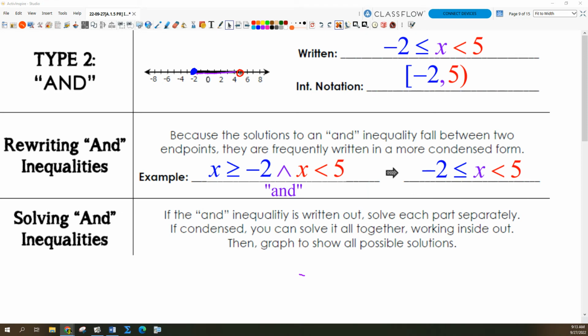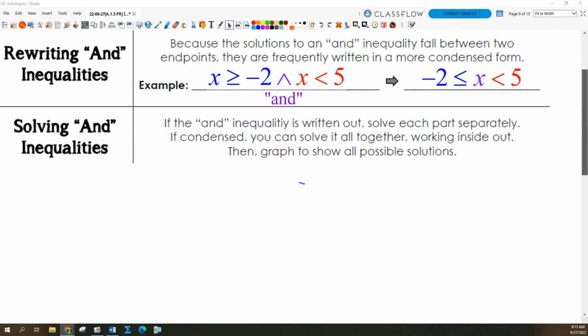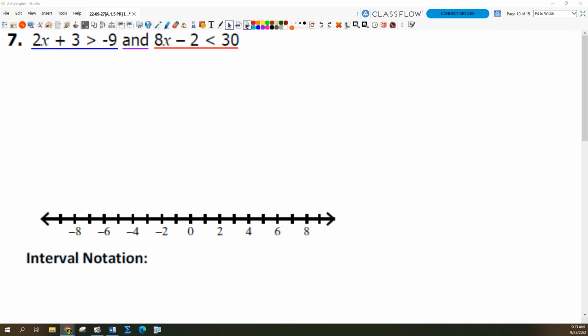Less confusing, too, because when you write a 3-part and inequality, it looks just like the graph, doesn't it? The x goes in the middle. The lower boundary goes on the left, the upper boundary goes on the right. And notice how the inequality signs always open to the right, just like a number line does. The numbers get bigger to the right as we move along a number line. Okay? So let's try a quick example or two.